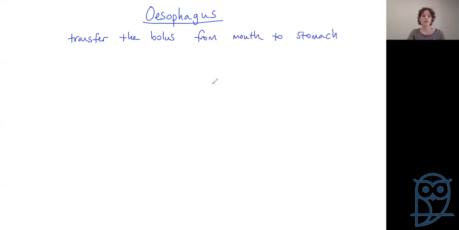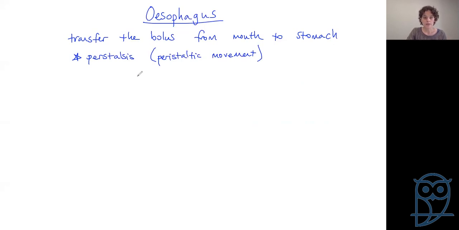But what's important here is we have the start of peristalsis. So our important term for the esophagus is peristalsis. Related term, peristaltic movement.